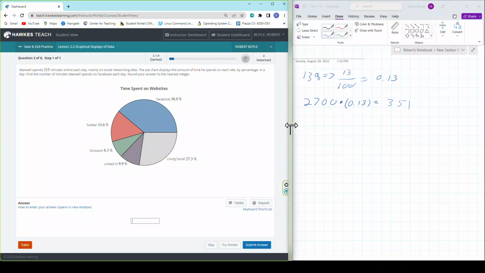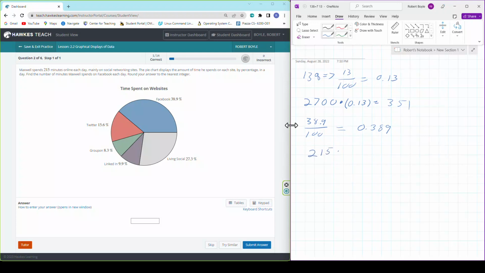So as a decimal, 38.9% divided by 100 is going to be equal to 0.389. Therefore, he spends 38.9% of 215, or 215 times 0.389 minutes on Facebook, which is 83.635 minutes.